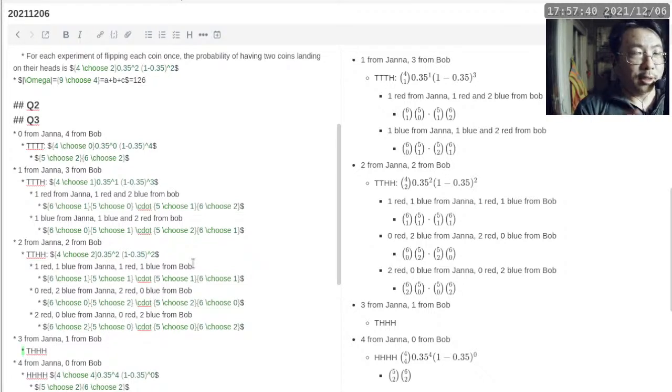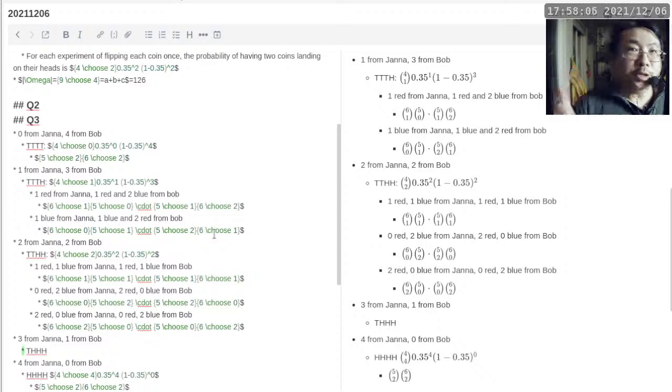So if Jenna ends up donating 1 and Bob ends up donating the other 3, how many ways can we end up with 2 red and 2 blue? That becomes the sub-question, and then we find probabilities for those sub-things.